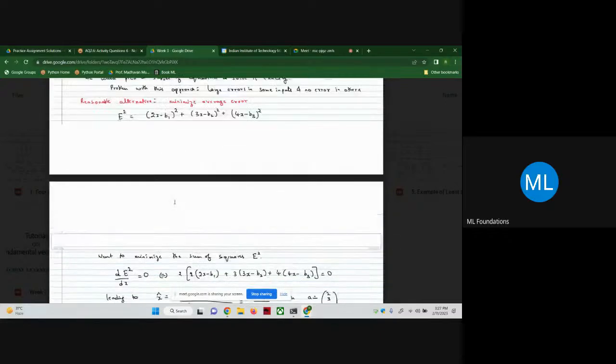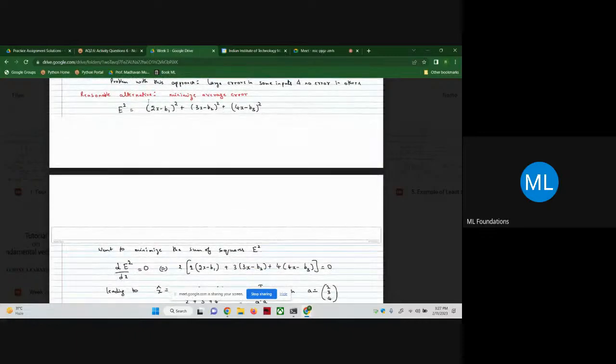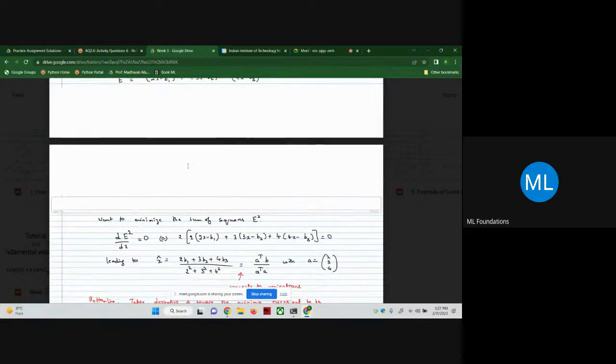If you want to minimize this overall value, how do you do it? You just do the differentiation and equate it to 0.